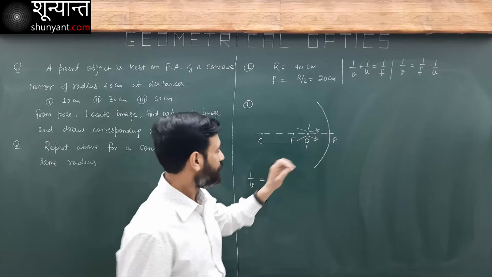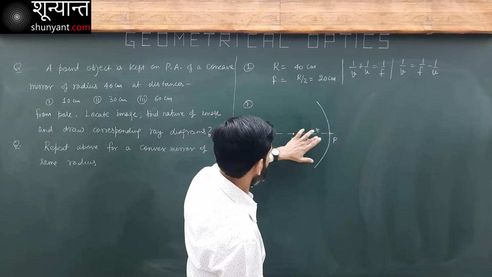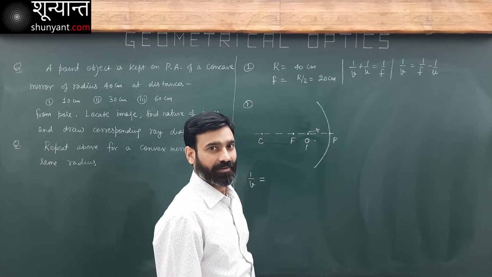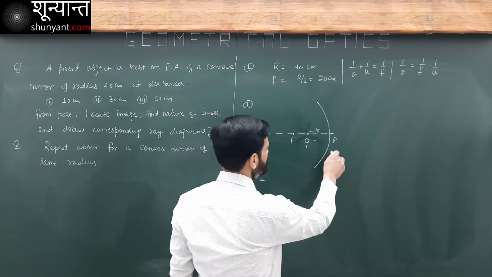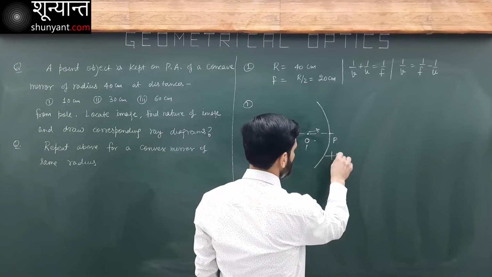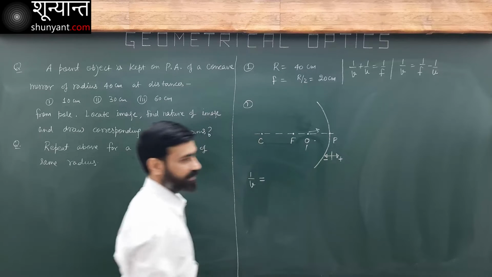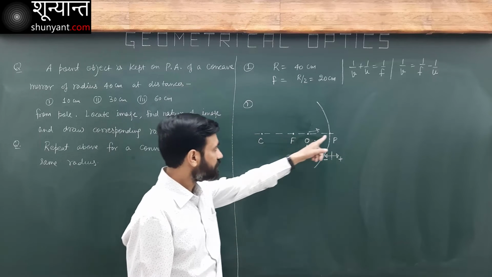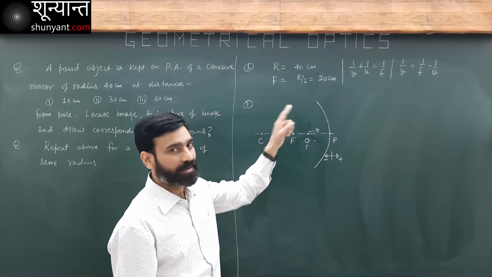Okay. So I have to consider only this light ray which is going towards the mirror. They are going towards right. That means distances to the right of pole becomes positive and to the left of pole becomes negative. Focus is to the left of pole. So focal length will be negative.